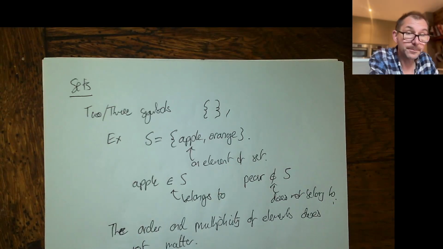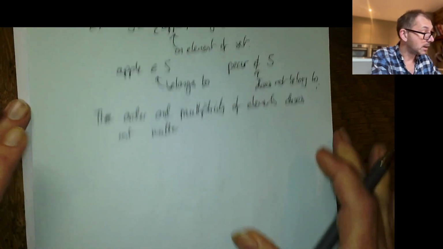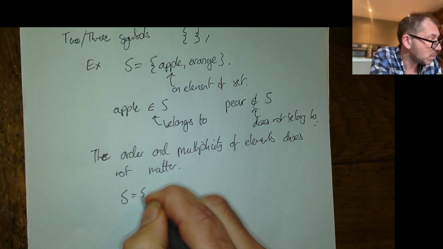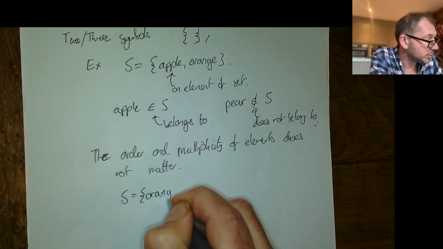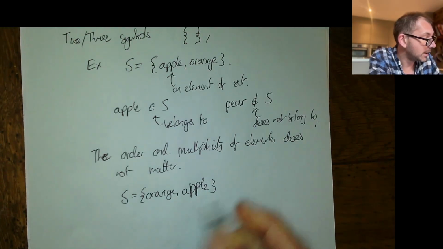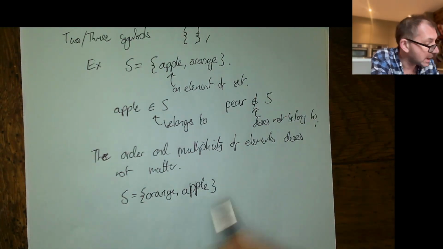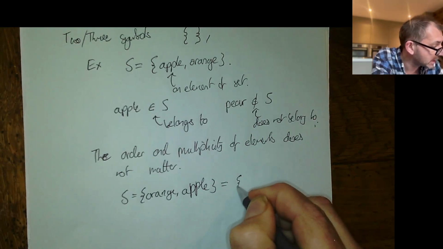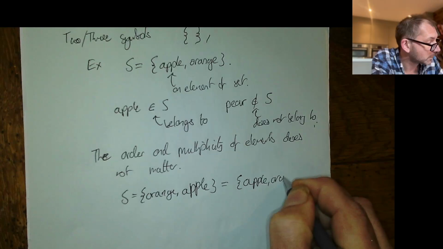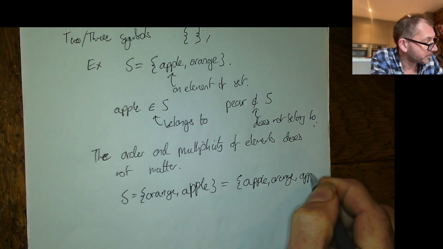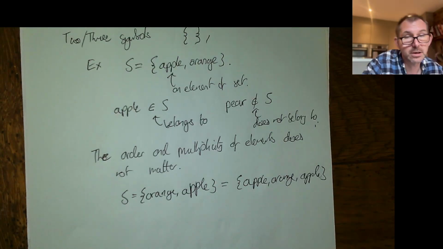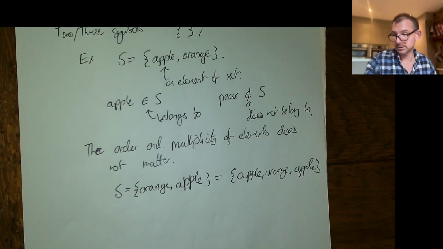So for example, we've got our set S, but I can write S in the same way, but just swapping the elements over. S is the same set as orange apple, and it is also the same set as apple orange apple. The fact that I've written it down a second time doesn't matter. There are still only 2 elements in that set.